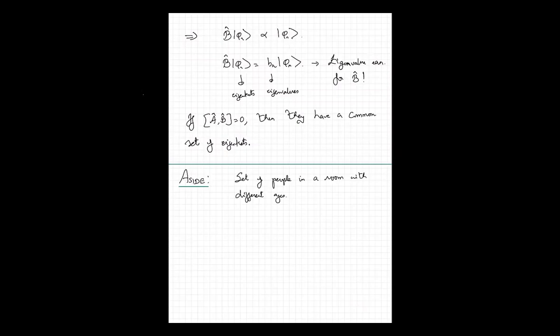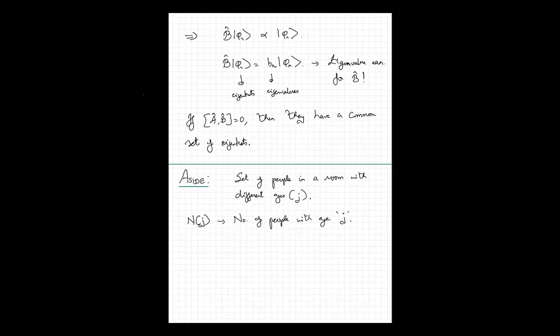Let us call this age the number j. When I talk about n of j, I mean that this is the number of people with age j in that room. So let us say n of 24.